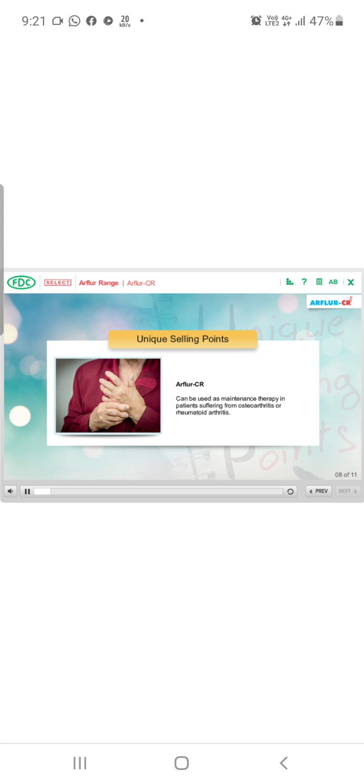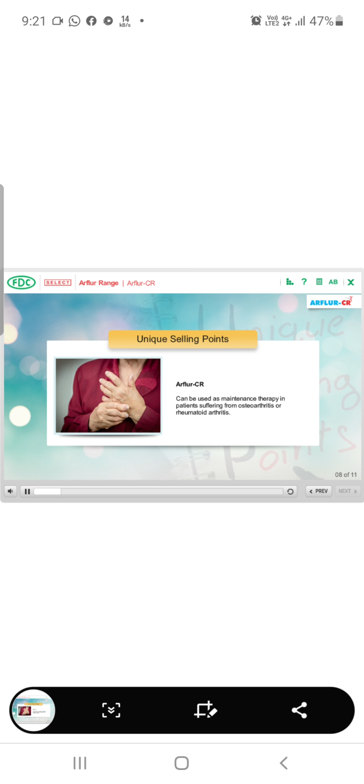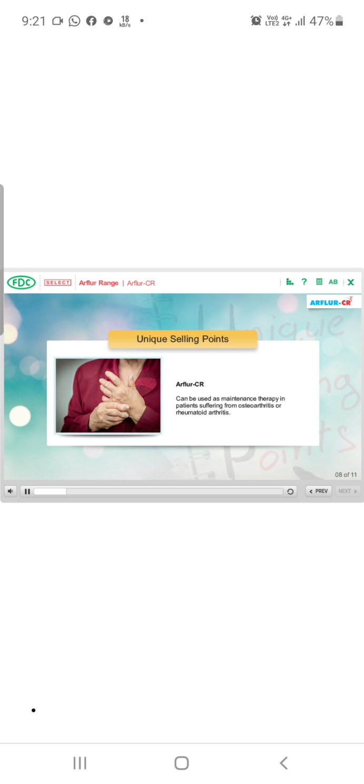Arflur CR can be used as maintenance therapy in patients suffering from osteoarthritis or rheumatoid arthritis.